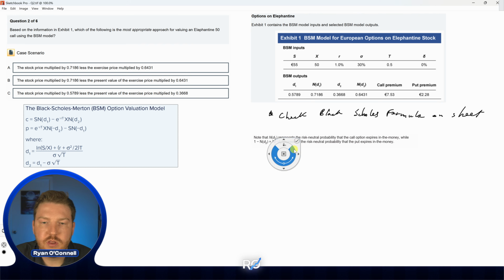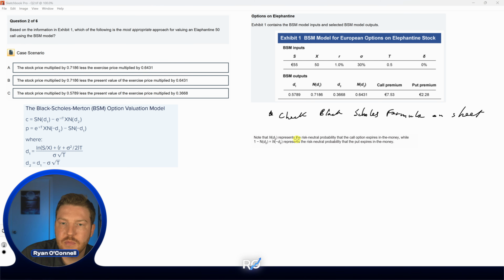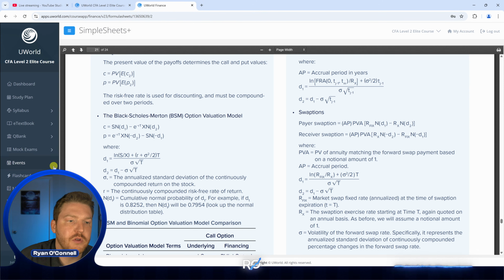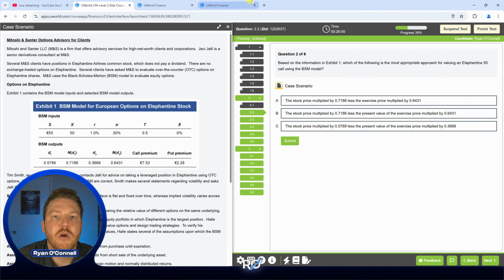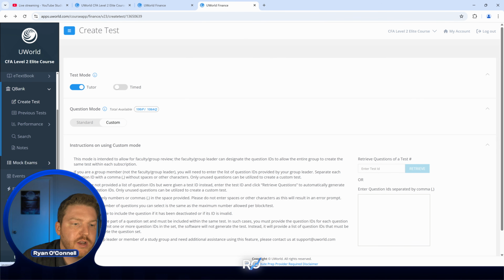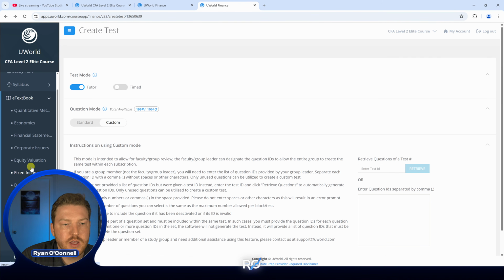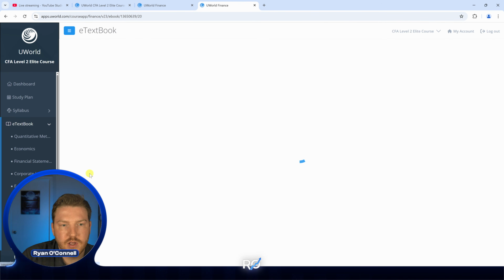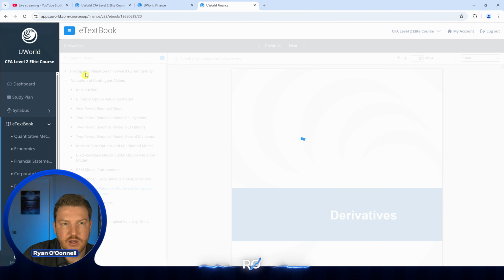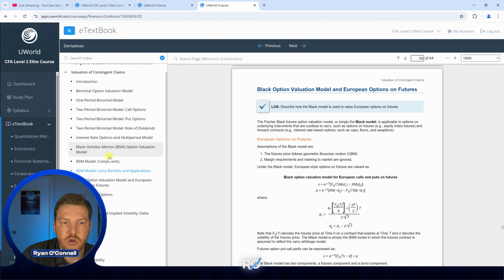So there's one thing that I also found, and I should probably show where I'm getting some of this stuff from too. If we go over to this area where there's the readings, like the concise readings, I've been grabbing a lot of stuff from over in that area with this e-textbook. I'm just going to go to the derivatives, and then it's got everything sorted by the specific topic that you might be looking at.